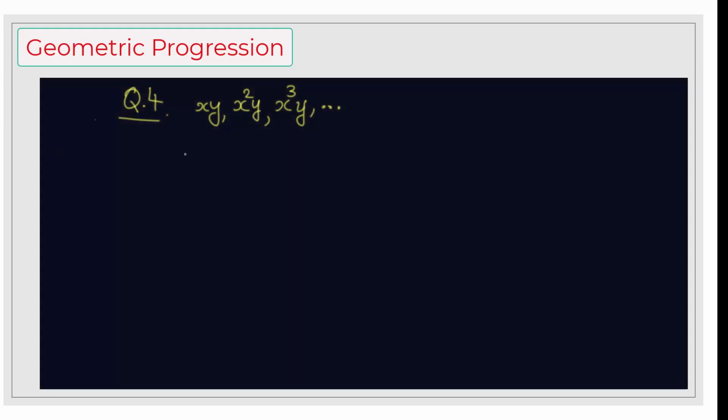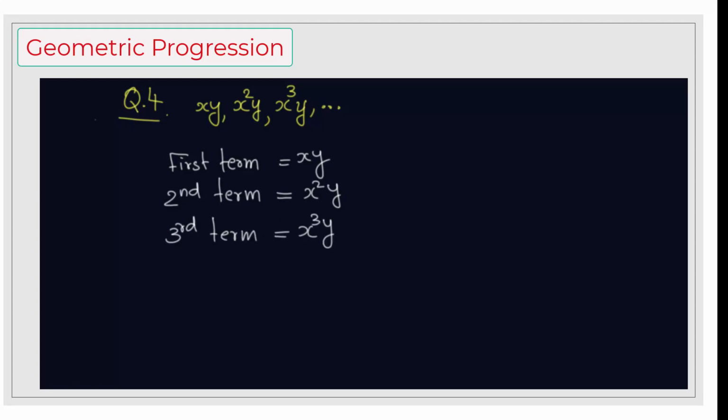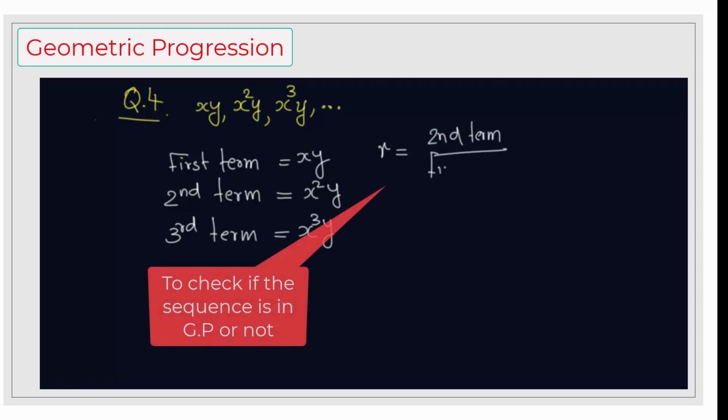In this sequence, we have the first term as xy, second term is x square y, and the third term is x cube y. Next, we find the ratio of second to the first, that is x square y by xy, that is equal to x.